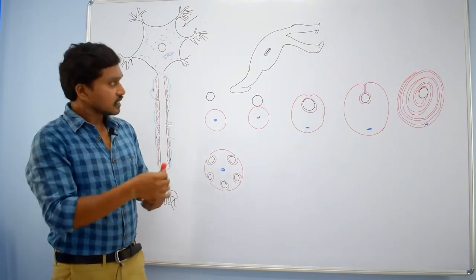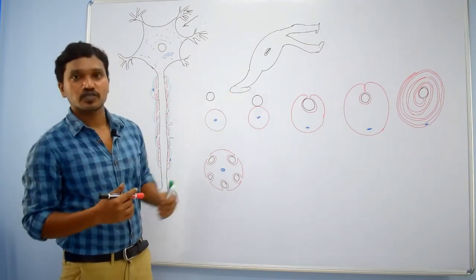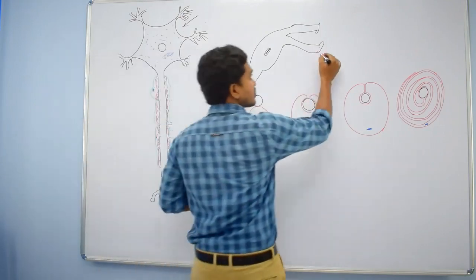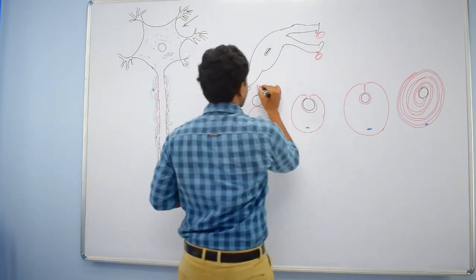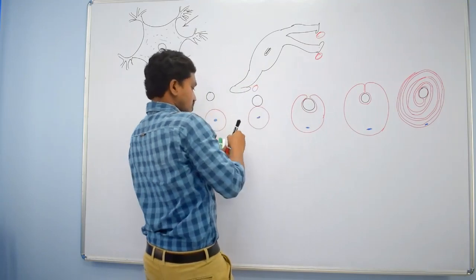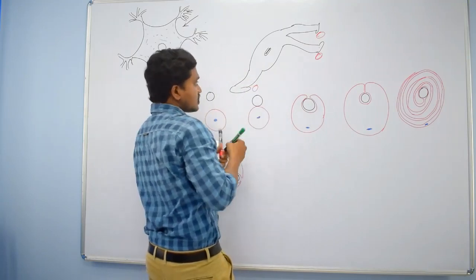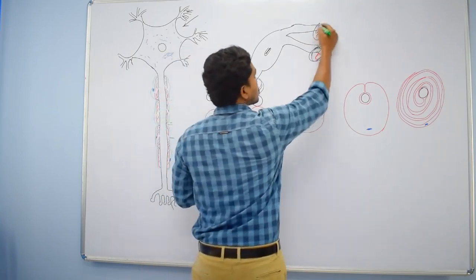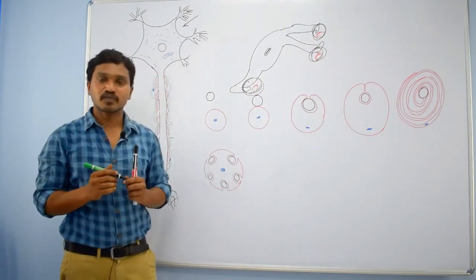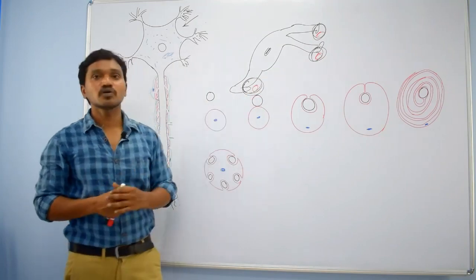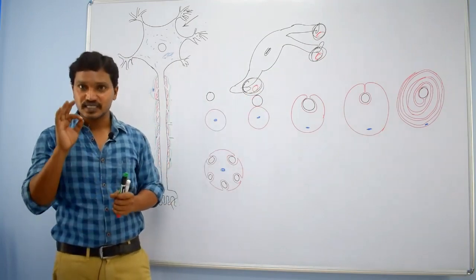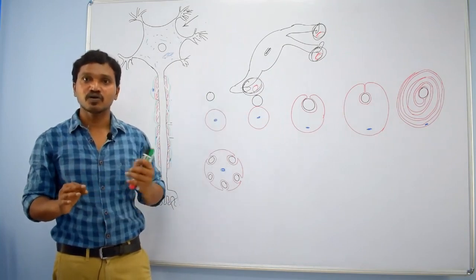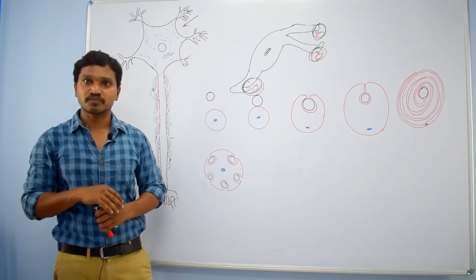Now each process will wind around one axon. See here, this is one axon and this is another axon, this is another axon. These processes wind around these axons and form myelin sheath, right? So that is about formation of myelin sheath in the central nervous system and also the peripheral nervous system, right?